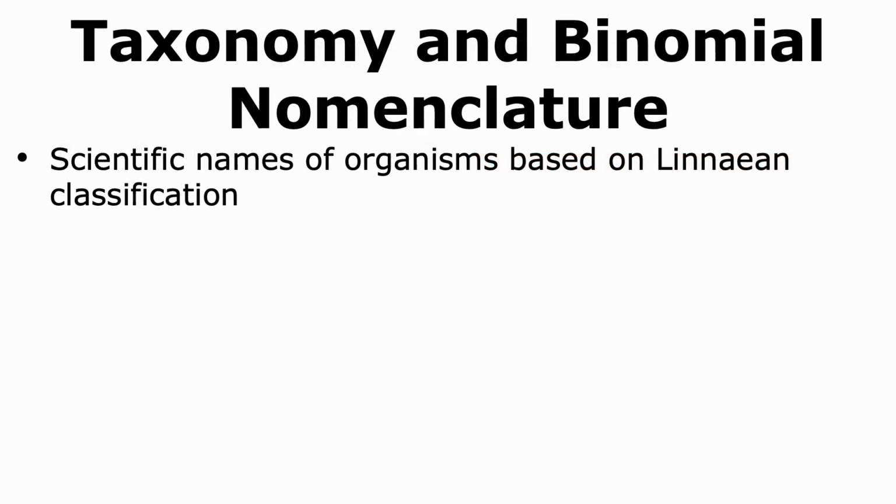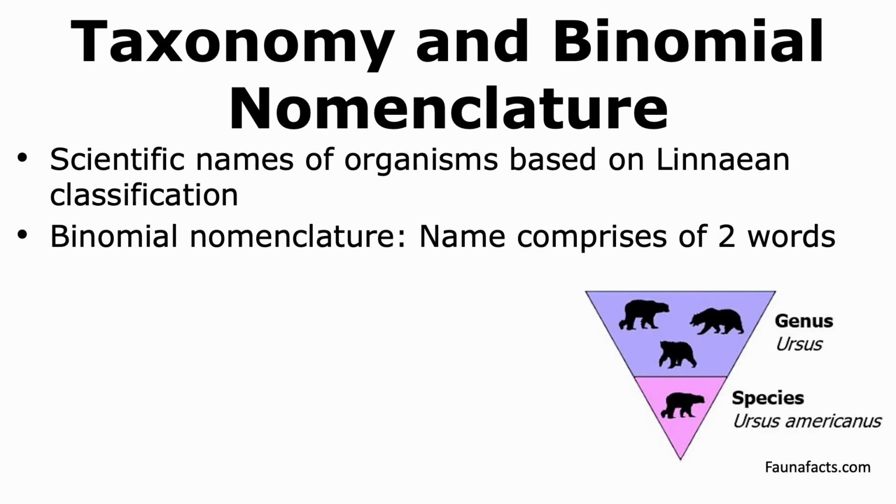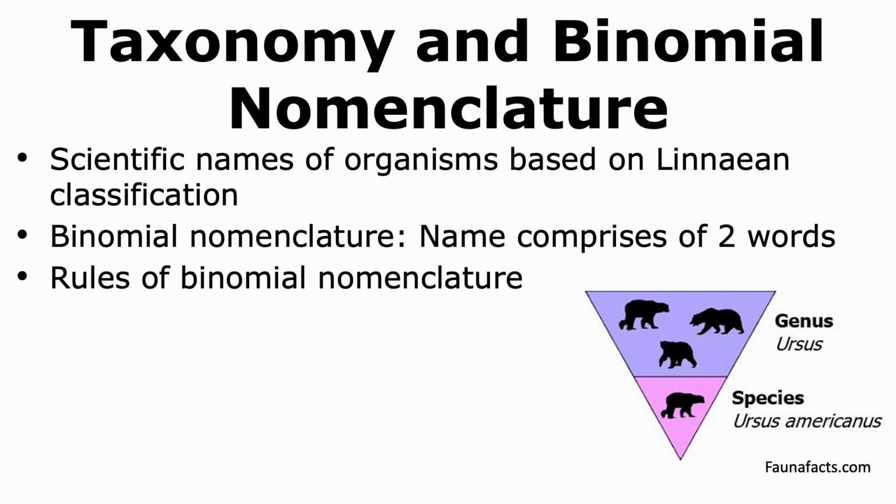As mentioned before, all organisms have a scientific name which is based on the Linnaean classification. The naming system is called binomial nomenclature because the name comprises two words. The two words refer to the genus and the species that the organism is placed in. There are certain rules of binomial nomenclature.